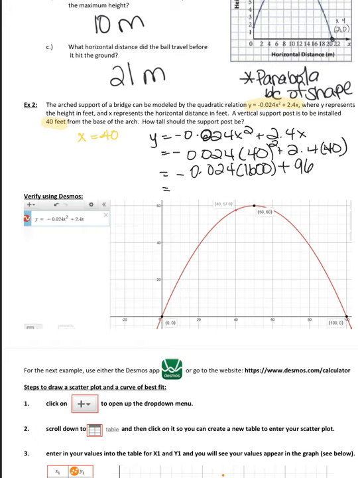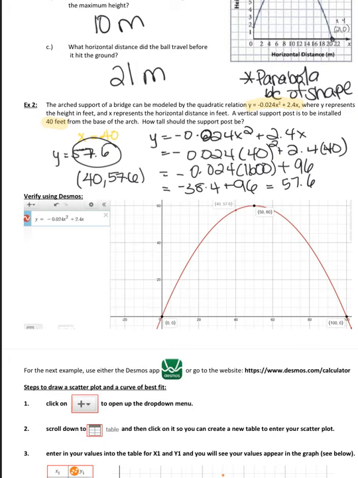That gives me negative 38.4, plus 96, and all of this is going to equal 57.6, okay? So what does this mean? Well, this means that if x is 40, my y is going to be 57.6. So y equals 57.6. Well, that's my vertex there, or that should be pretty close to my vertex. So that's the maximum height there. So that means that this height is going to be 57.6.